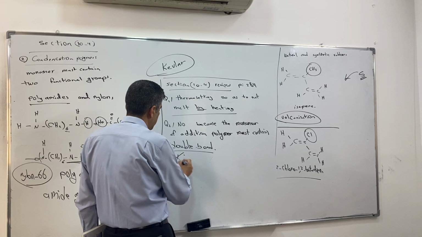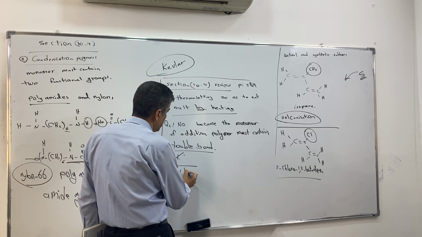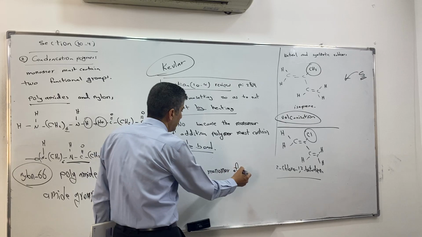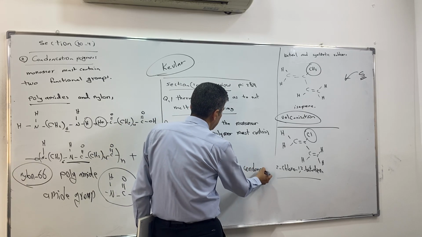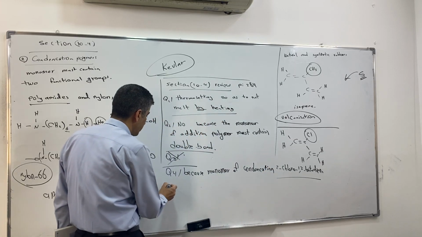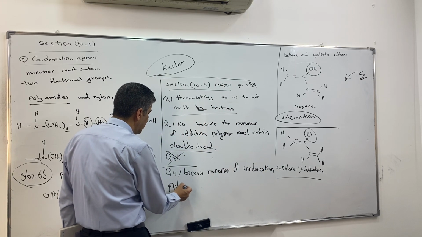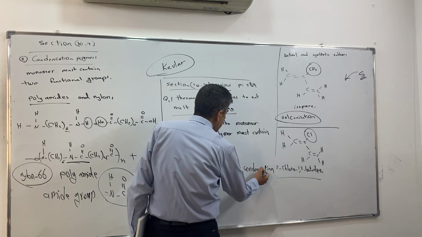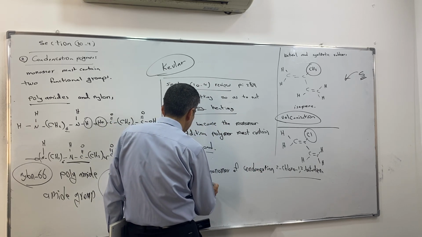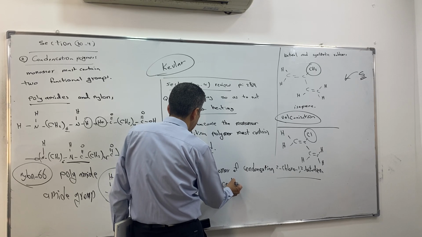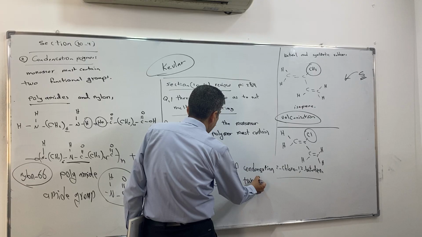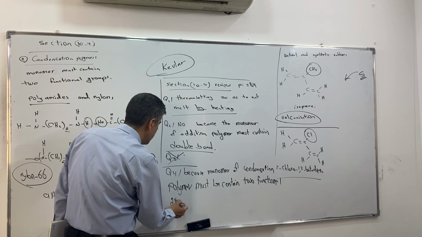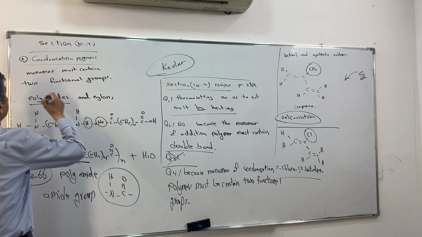Because the monomer of a condensation polymer must contain two functional groups.